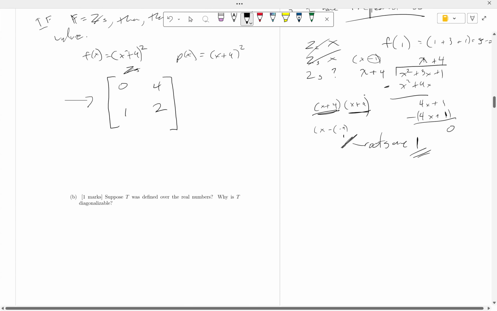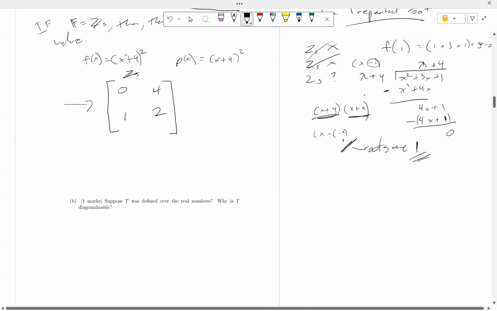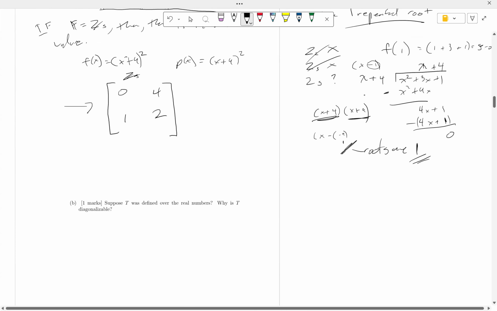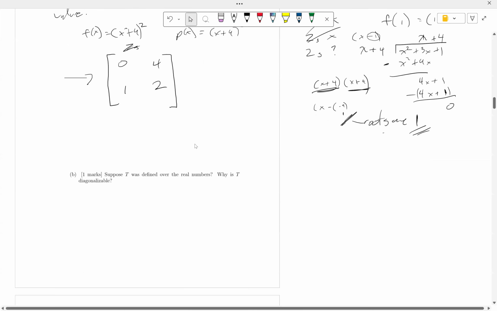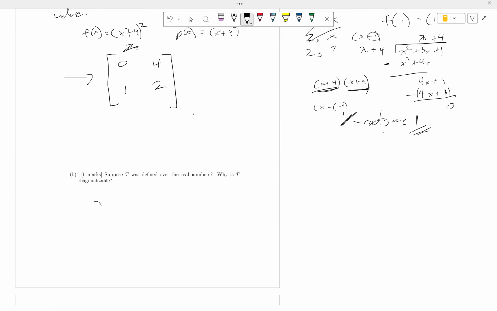Now, suppose that it's defined over the real numbers. Is T diagonalizable? Well, if we look at this expression, x squared plus 3x plus 1, I'm looking at -3 plus or minus the square root of 9 minus 4, over 2.